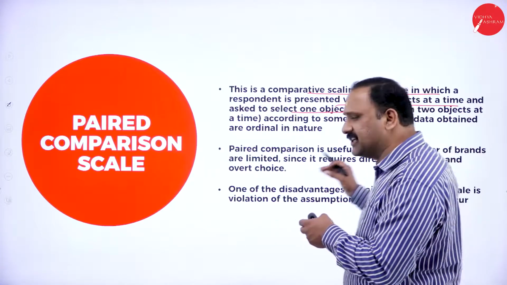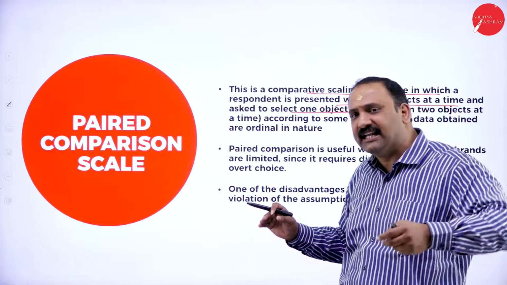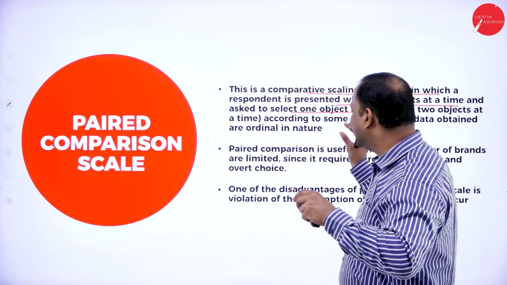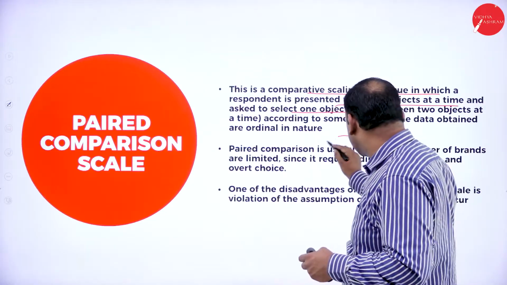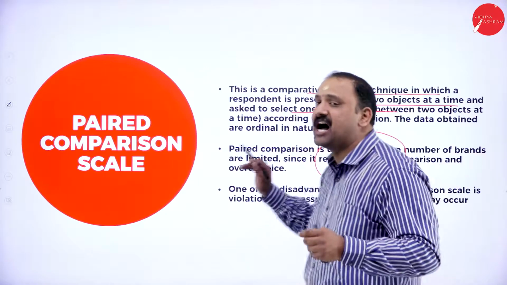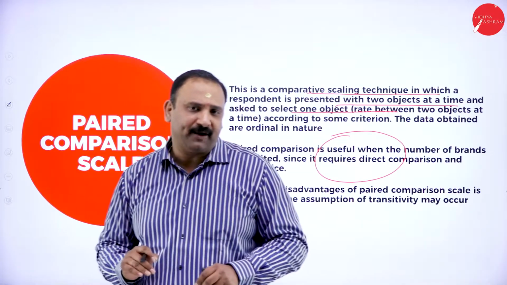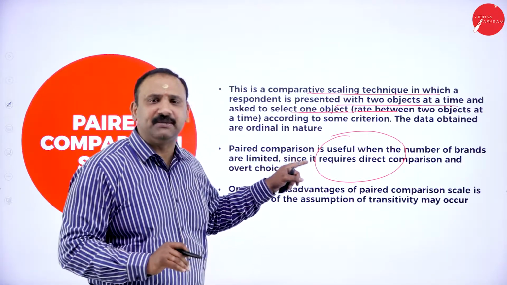Now what I say here is that the paired comparison method is basically ordinal in nature. So it's again about a qualitative factor used on certain criteria, and the paired comparison is useful when the number of brands is limited. So when we look into this form of comparison, the paired comparison method is very simple. Why?